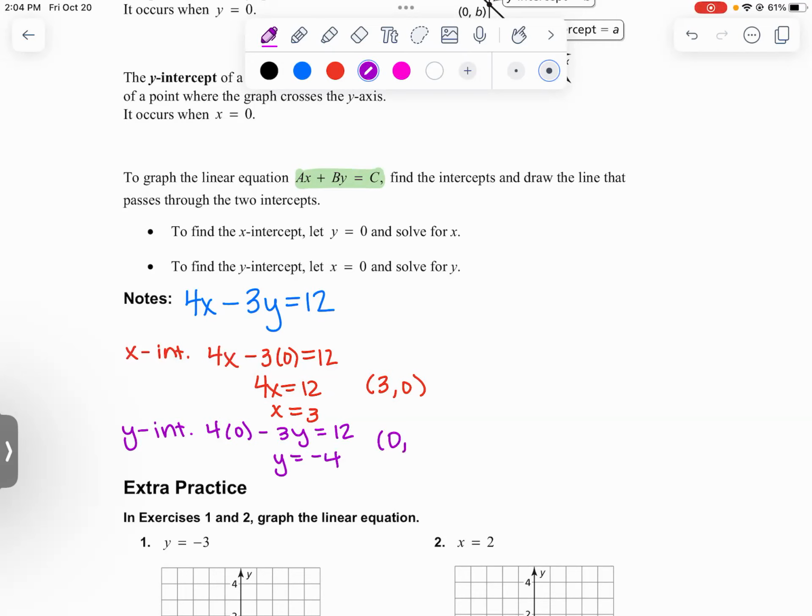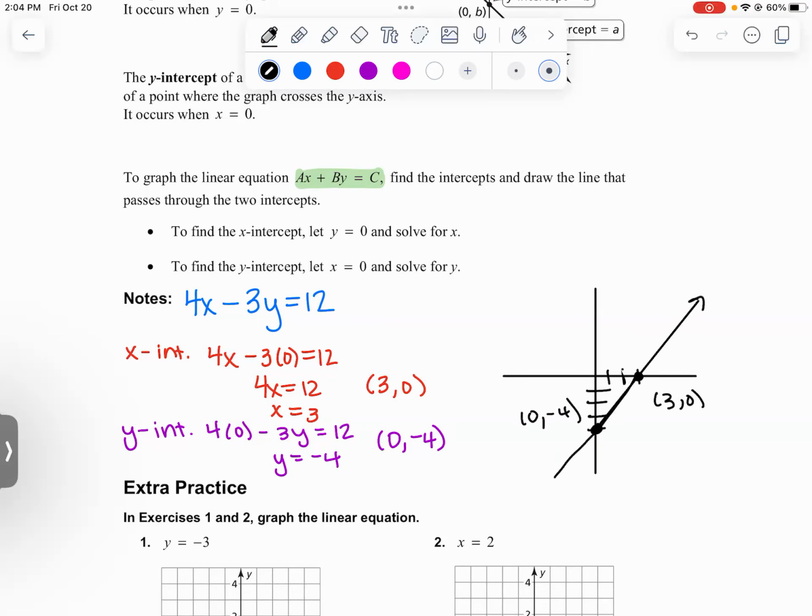So when I plug 0 in for x, we get y equals negative 4. Well, how does that help us? We have the coordinate 3, 0. We have the coordinate 0, negative 4. And we can connect them.